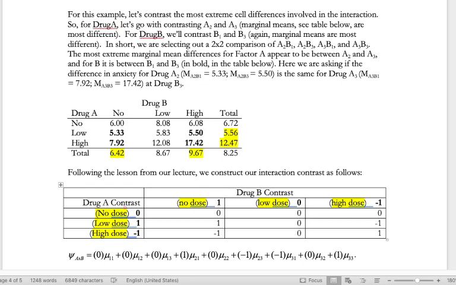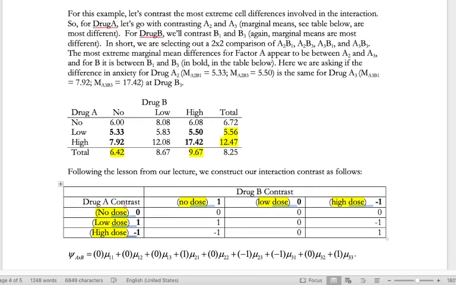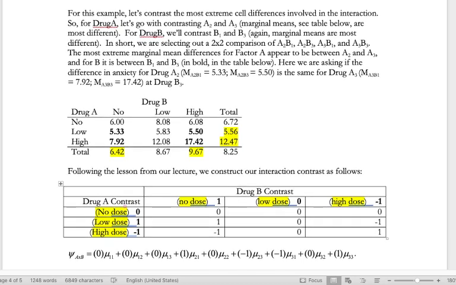Why does this work? You don't need to know. It doesn't matter. But it does. That's all you need to know, is that this is how you find the contrast coefficients, and it will give you the interaction contrast that you hope for.